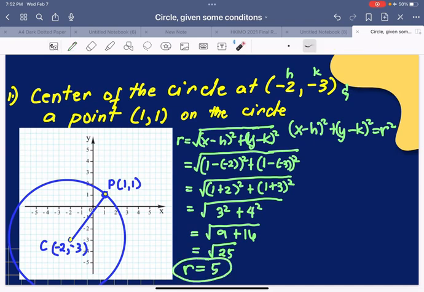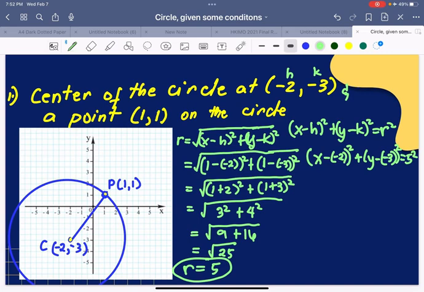So, we can now substitute on the given in our formula. Our h is -2 and k is -3. So, the equation now will become (x - -2)² + (y - -3)² = 5².